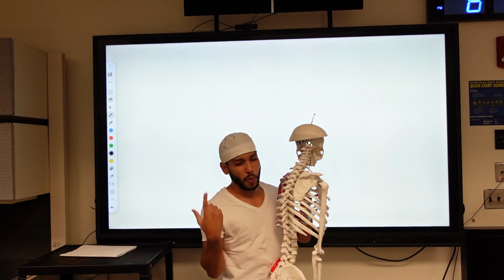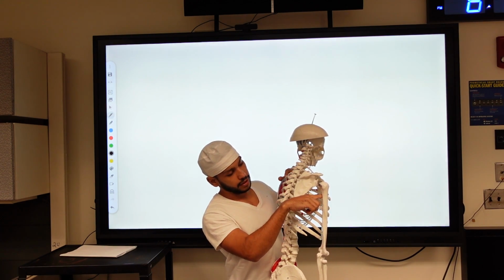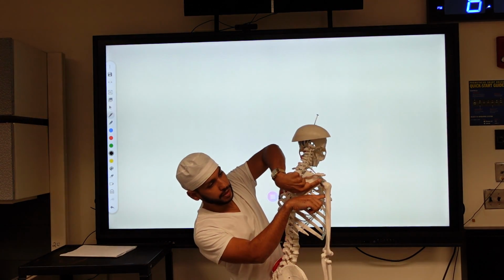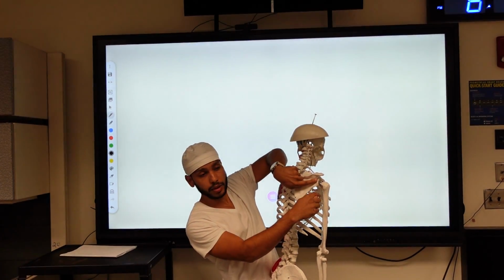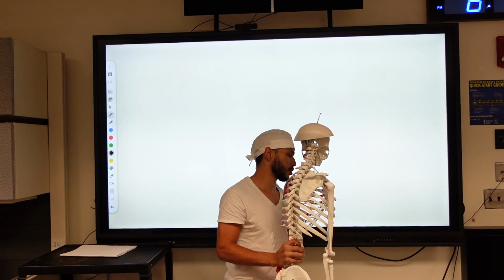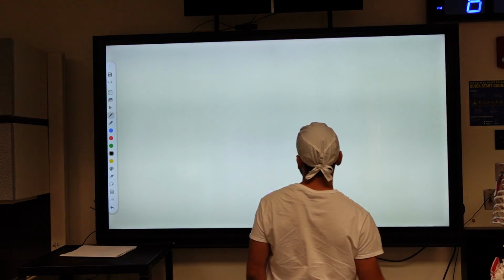Why am I bringing that up? To show you that teres major running this way and teres minor running this way are going to create a little space between the two. Let me draw a little bit of that so you can appreciate it.